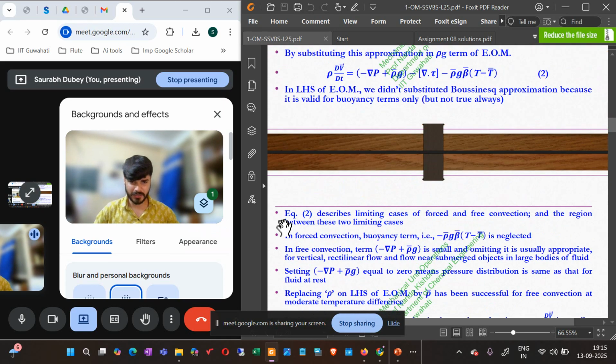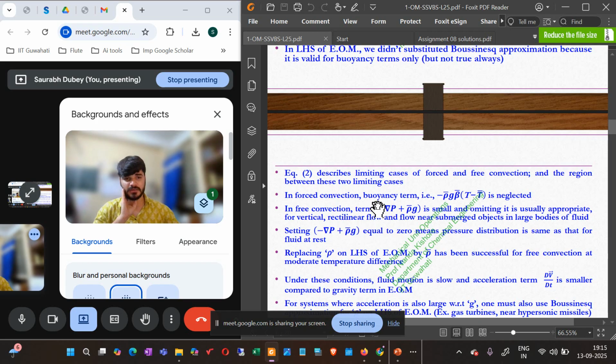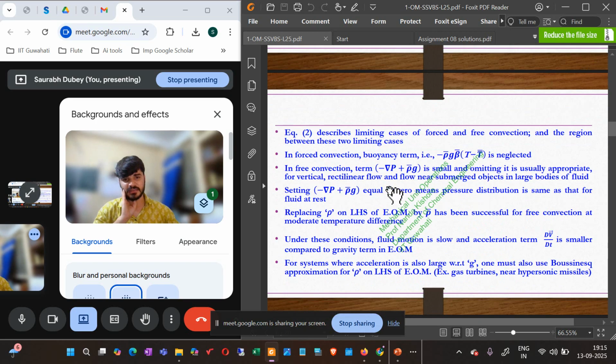Okay, so equation 2 describes the limiting cases of forced and free convection and the region between these two limiting cases. In forced convection, the buoyancy term is neglected, right? In free convection, this delta P and rho g is small, and omitting is usually appropriate for vertical rectilinear flow and flow near a submerged object in a large body of fluid.